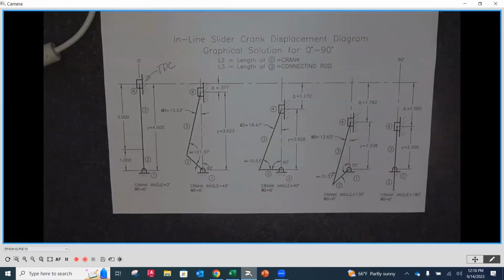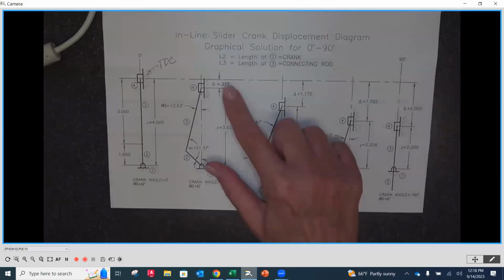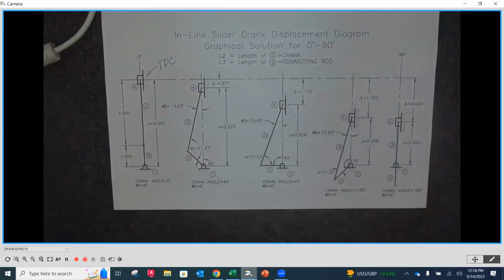And then manually measure your delta each time, and then plot your displacement diagram. That would take way too long. And that's why Excel can be helpful here. Instead, once you have the crank angles in, it wouldn't even be a big deal to do it every degree if you want to, because Excel is going to update it for us.